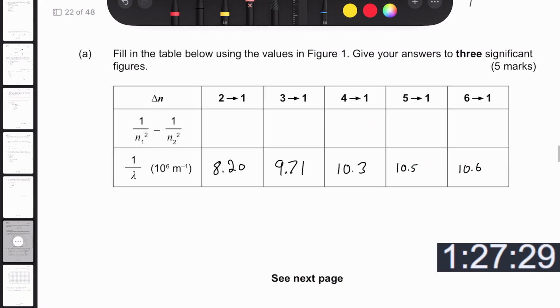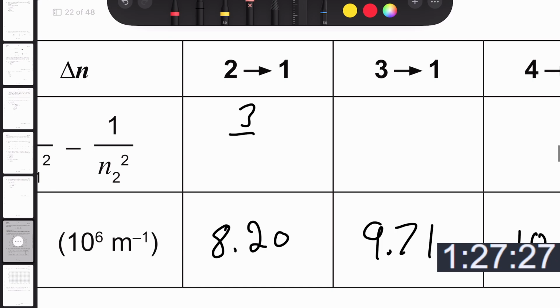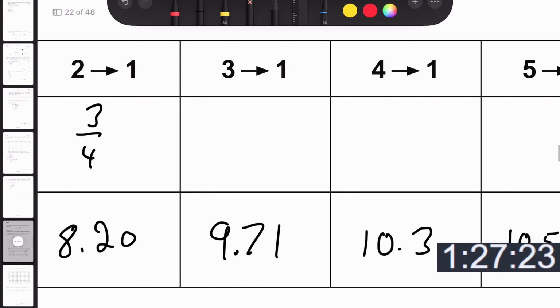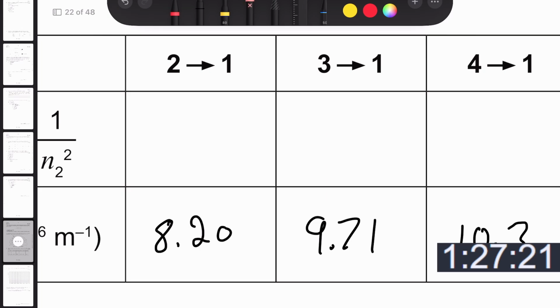So 3 on 4. Next one is 1 on 9, so 8 on 9. Oh wait, 0.750.